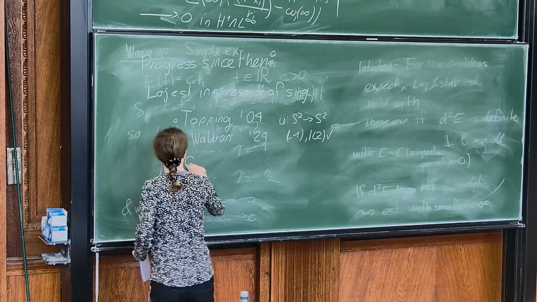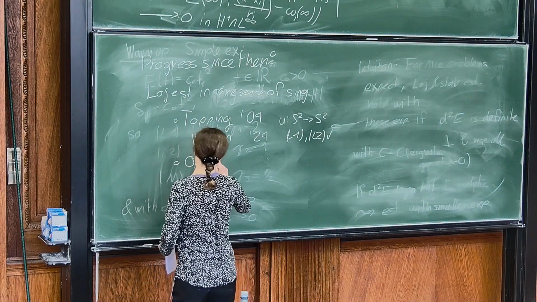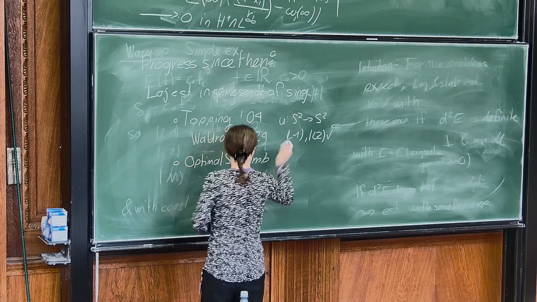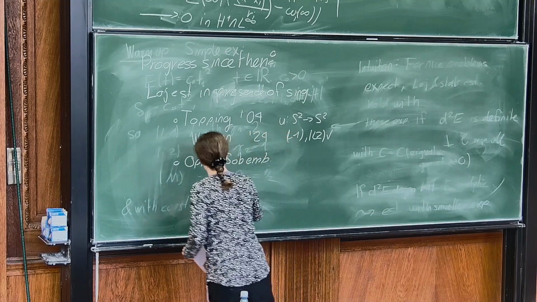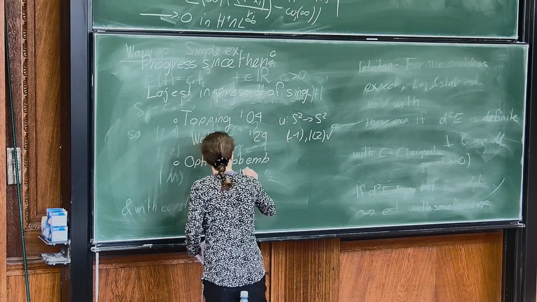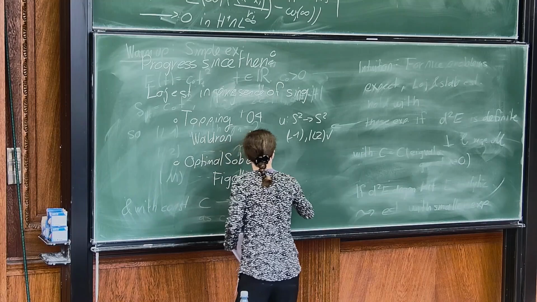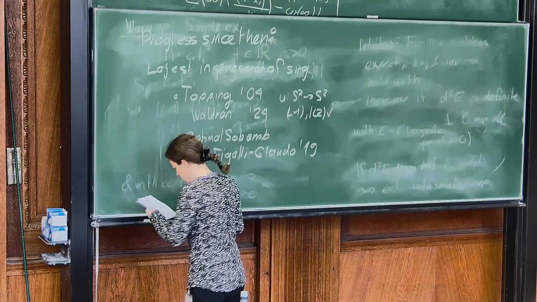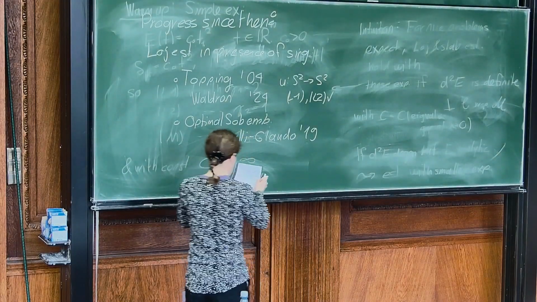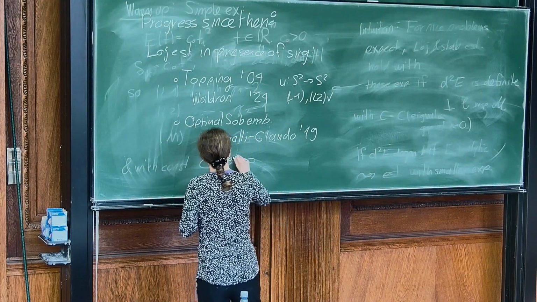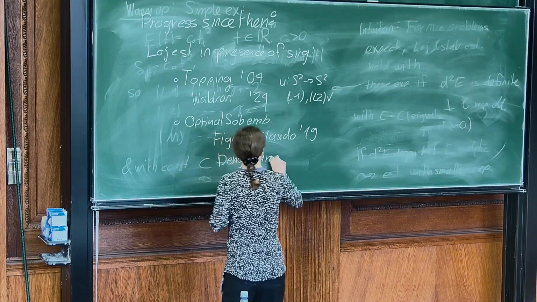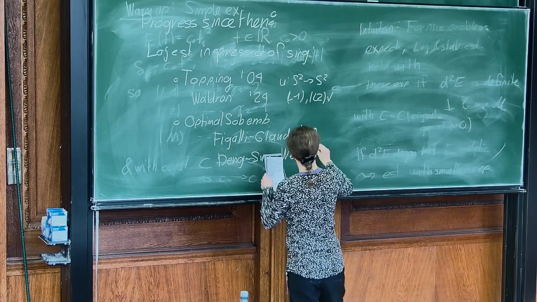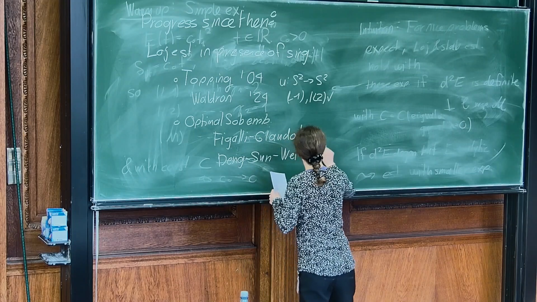So we have results on optimal Sobolev embeddings. There's work of Figalli and Glaudo from 2019, and then Deng, Sun and Wei, who generalized the results of Figalli to higher dimensions, I think 2018, 2019.